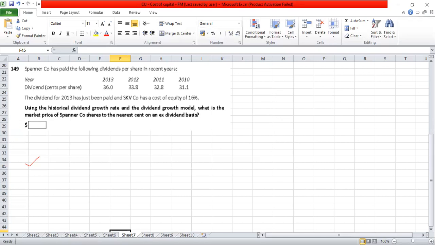To this we apply the root of n minus 1, that is 4 are given, we take 1 year less from the total, calculated value minus 1. Then we calculate the growth rate, apply that growth rate and find out d0, which is given as 36, then we find out d1, and then d1 by ke, which is 16, minus g.